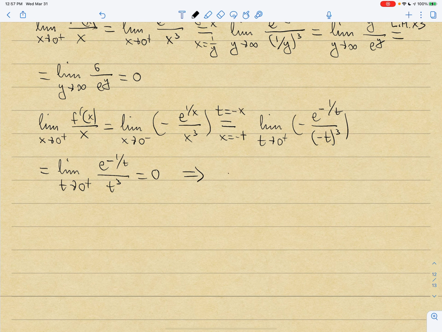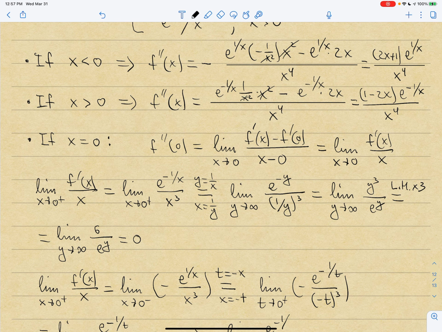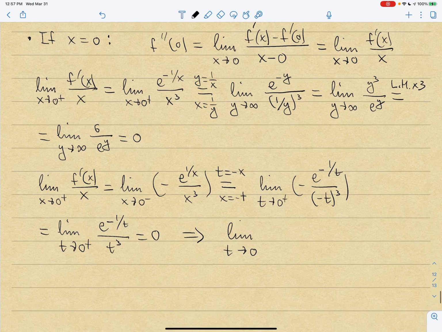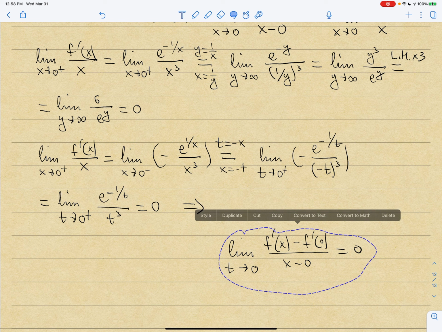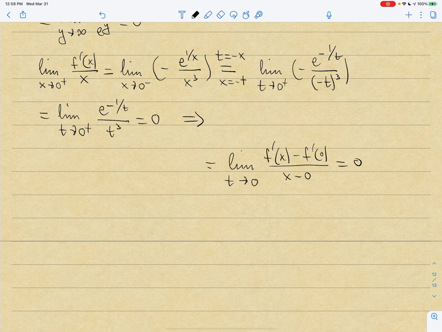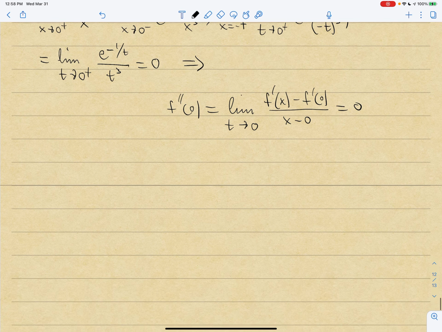And so therefore the limit as t goes to 0, not of e to the minus 1 over t, but of f prime of x minus f prime of 0 over x minus 0, this is 0. And that limit, of course, is once again f double prime of 0, so we showed that f double prime of 0 is equal to 0.